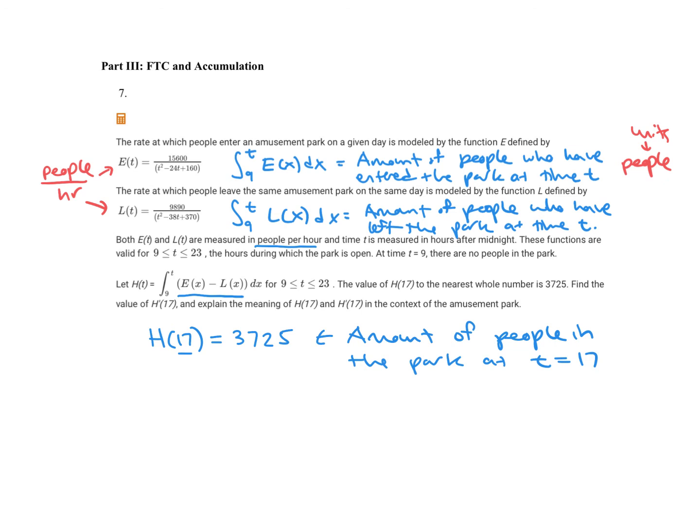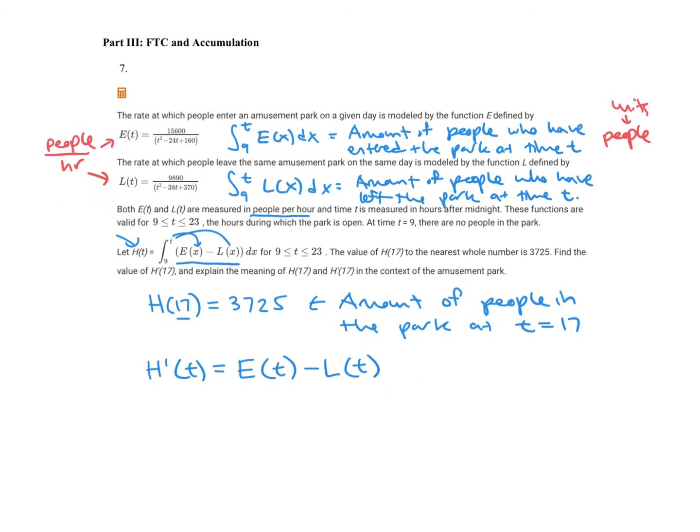And then we also need to find h prime of 17. H prime of t, if we take the derivative of this, we are going to cancel out the integral and plug t in for x. So h prime of t is going to be E of t minus L of t, which is the rate at which people enter minus the rate at which people leave.